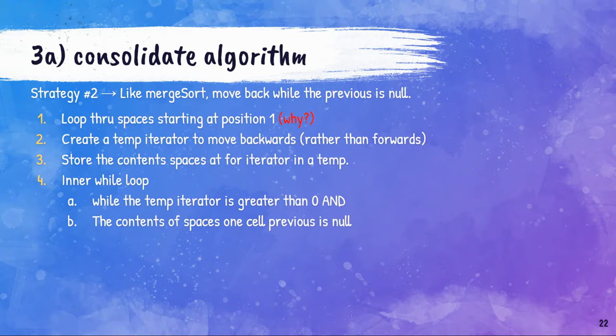If that temp iterator does go negative, that breaks the condition, and I won't have the out of bounds error. So I have to check to make sure that this part is true first.